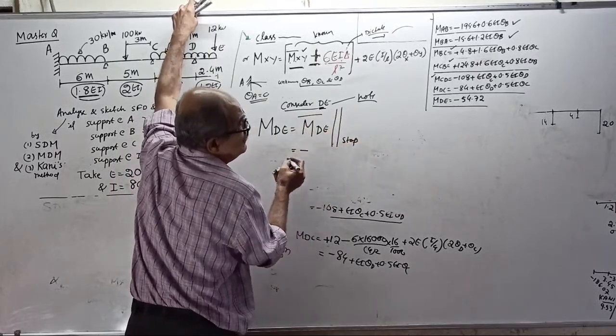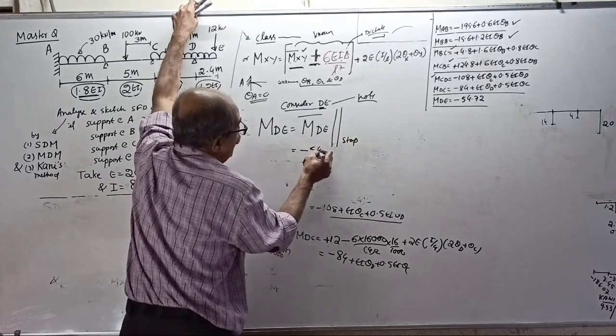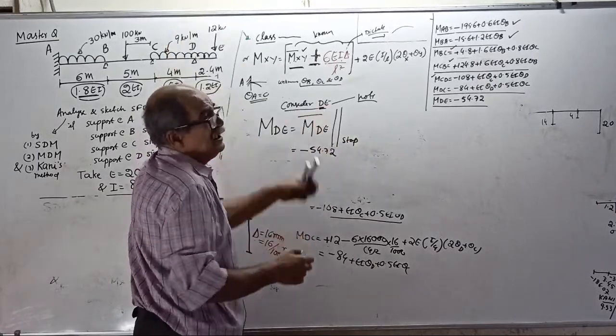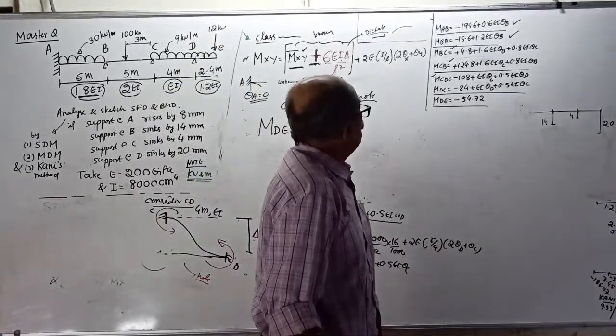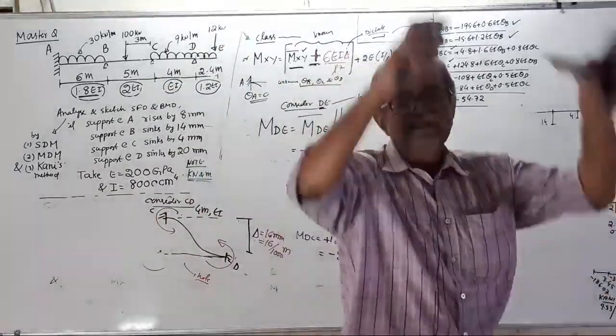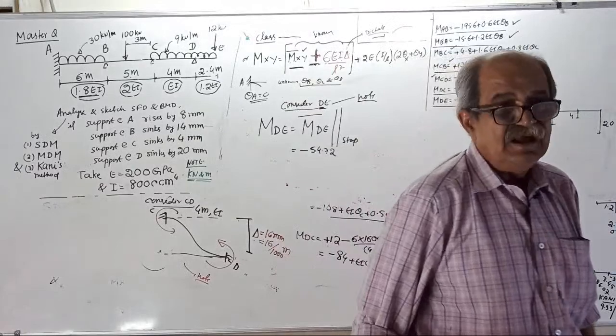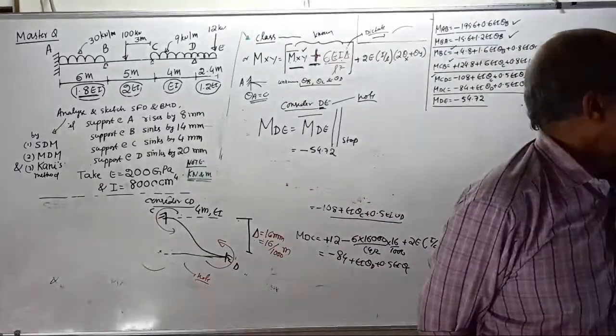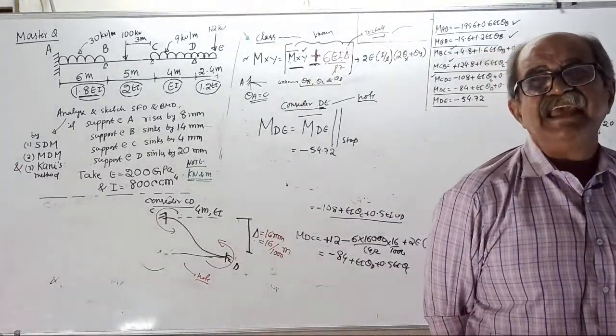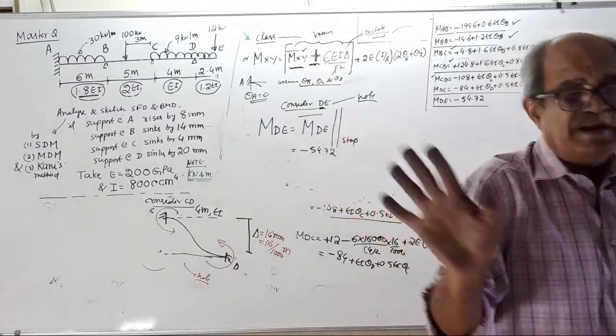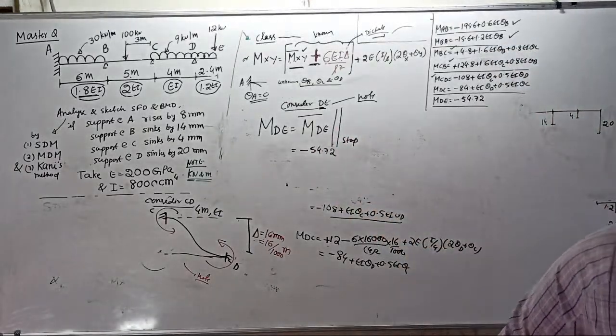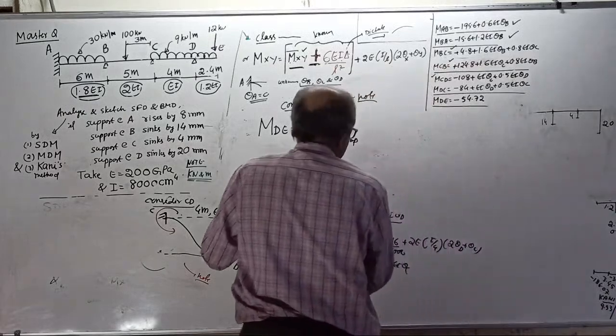Equal to minus 54.72. Clear? M_DE equals minus 54.7. See, that's all. Throw it outside. No theta, no delta, rising, sinking, dancing, no effect on an overhang. Clear? Okay. Now, all over.